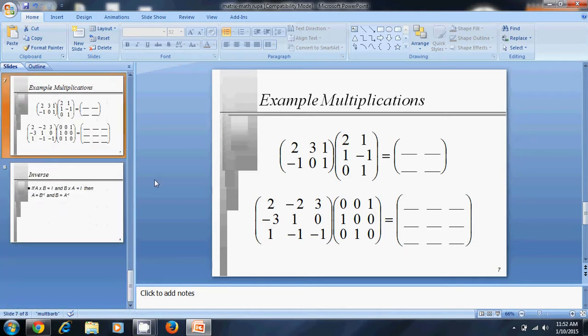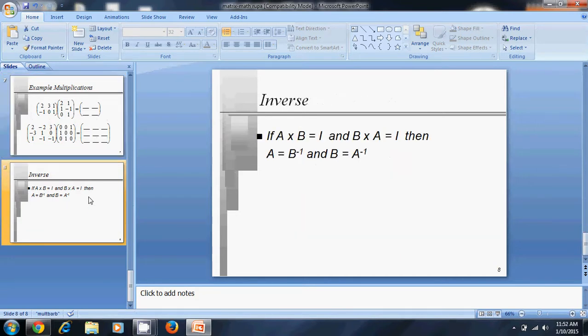Then another operation on matrices is called inverse. If A cross B is equal to the identity matrix and B cross A is equal to the identity matrix, then A equals B inverse and B equals A inverse.